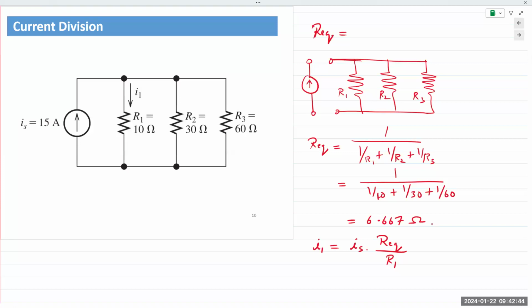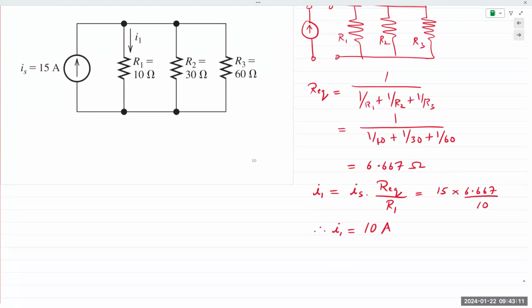So what do we have? 15 into 6.667 divided by 10. What is the answer? 1.5 times 6.667. Anyone? 10. Thank you.